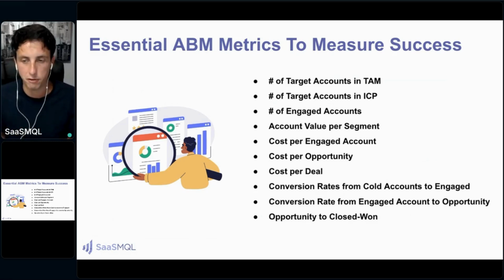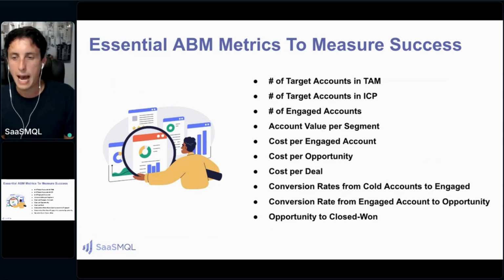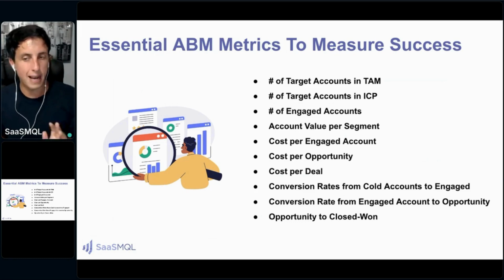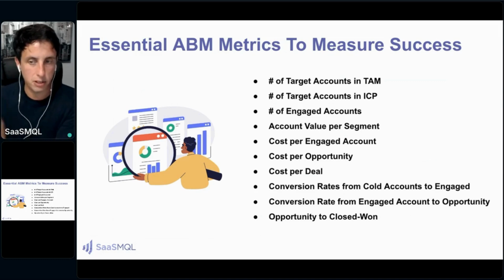So have that list in front of you. And then of that list of accounts in your ICP, how many are engaged? How many are cold? How many are already opportunities? How many are customers? Obviously, that's probably the easiest thing to know. And then you might have multiple segments, so you might have enterprise and mid-market. What is the value of those accounts? For your top accounts, maybe you have some customers that spend $500,000 a year with you.